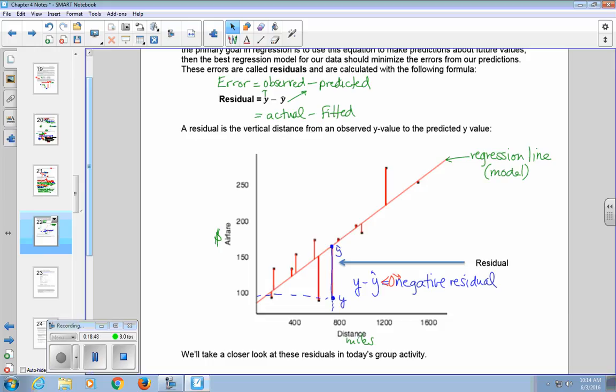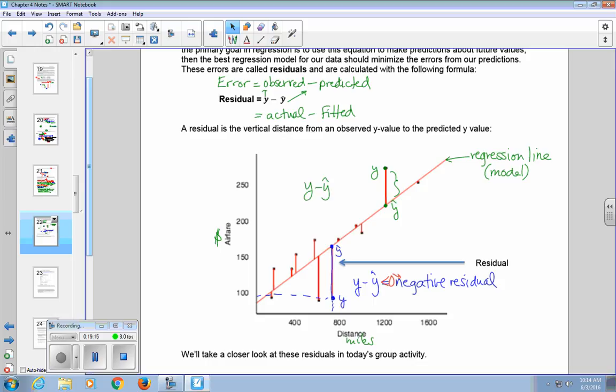All right, on the other side, we'll see why these are positive residuals. So let's take a look at this one as our example. The point I just colored in green is the actual airfare for a distance that looks like maybe around 1,200 miles away. This point here is your y hat. It's on our model. It's our predicted airfare for that distance. And this difference between them, or that vertical distance, is called your residual. And we calculate that by doing y minus y hat.